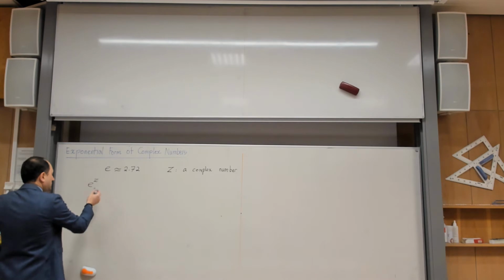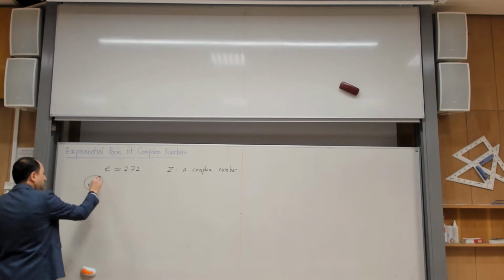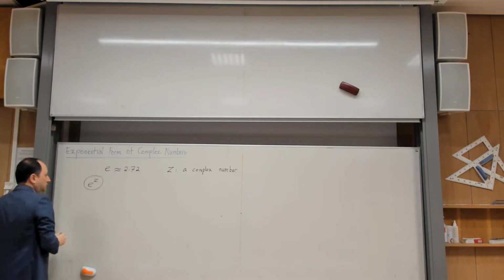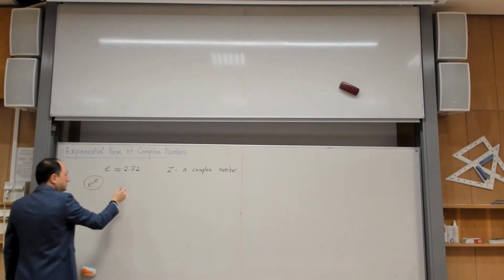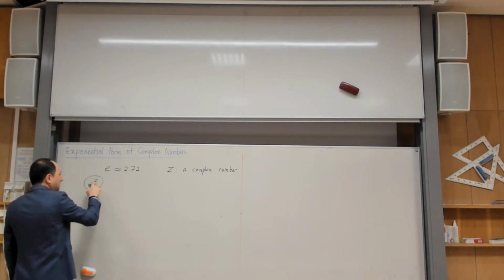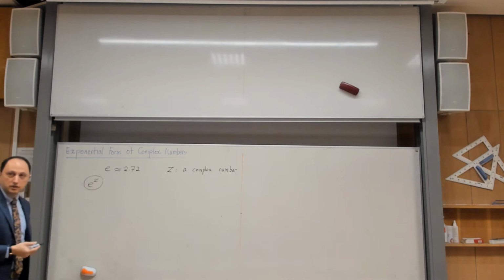Okay, so we want to get a meaning for this, where z is a complex number and e is the Euler number. But before tackling the most general problem here, let me just consider a special case in which z is a pure imaginary number.